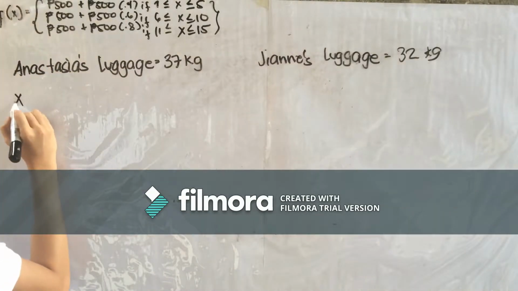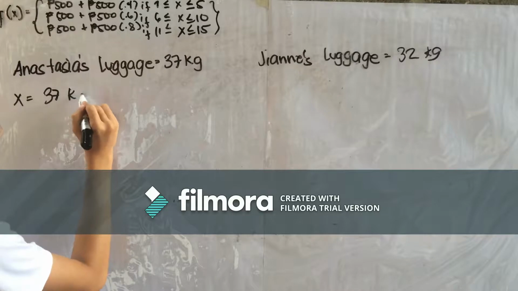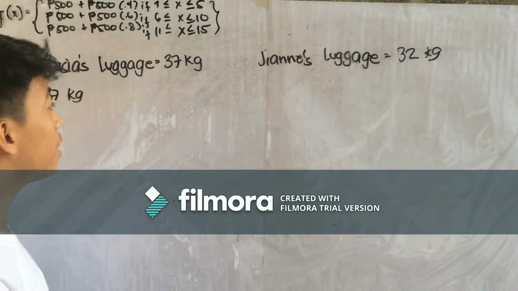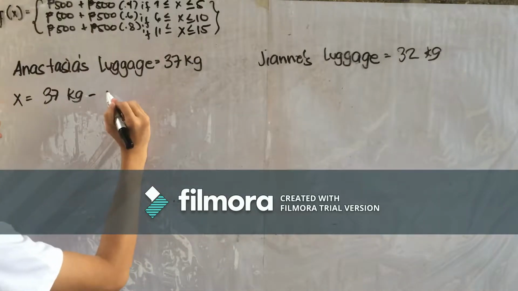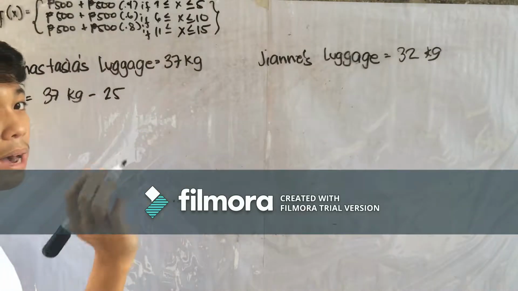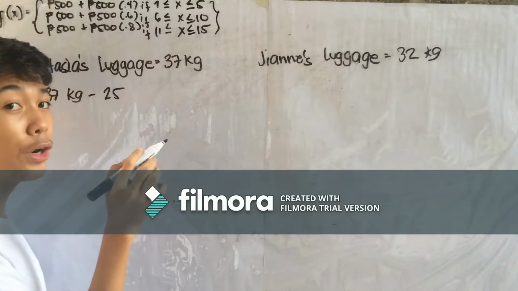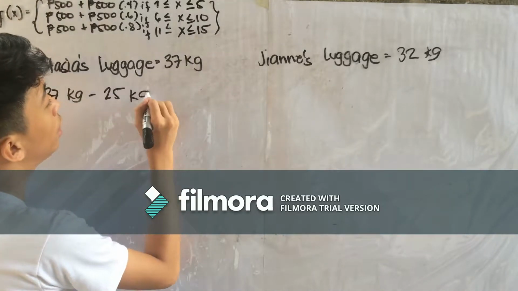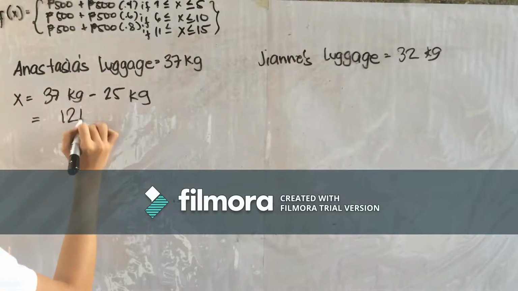Ito yung gagawin natin para makuha natin kung ilan yung excess kilograms per person. 37 minus 25, which is yung maximum weight per luggage. Makukuha natin is 12 kilograms.